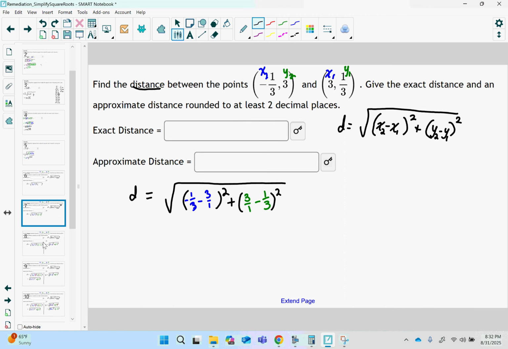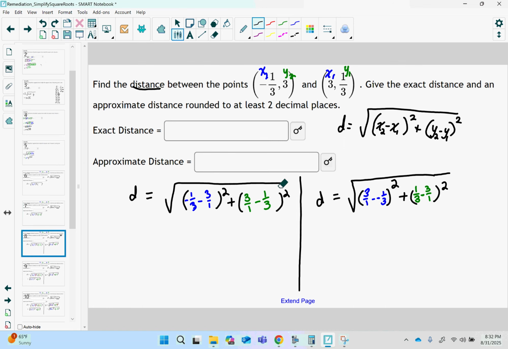But what if I had, like many of you might have done, the opposite? You might have labeled this point x1 and y1 and this point x2 and y2, and then what would that look like? So if you did it the other way around, then you would have the 3 first as your first x value minus, right? And then -1/3.